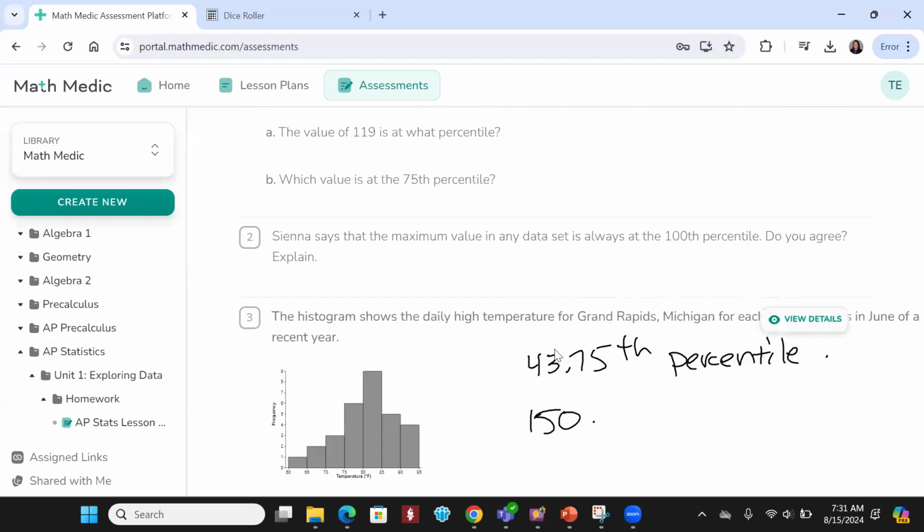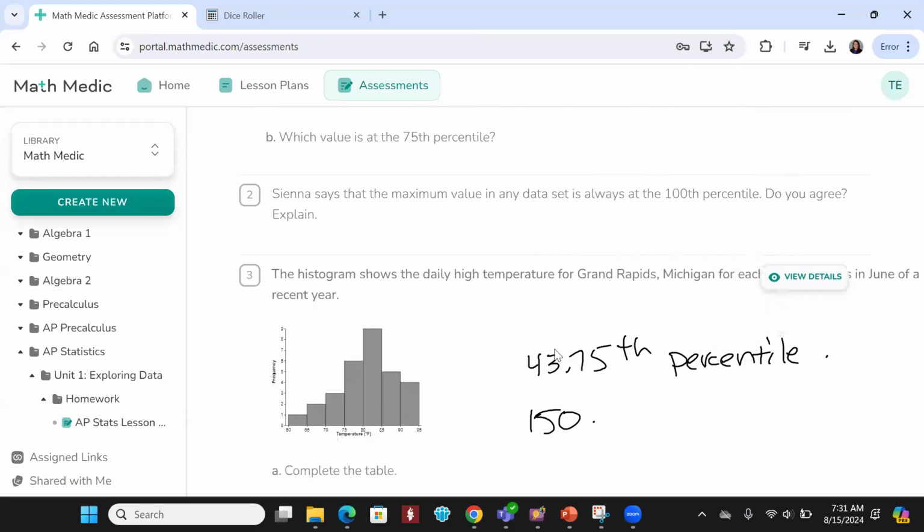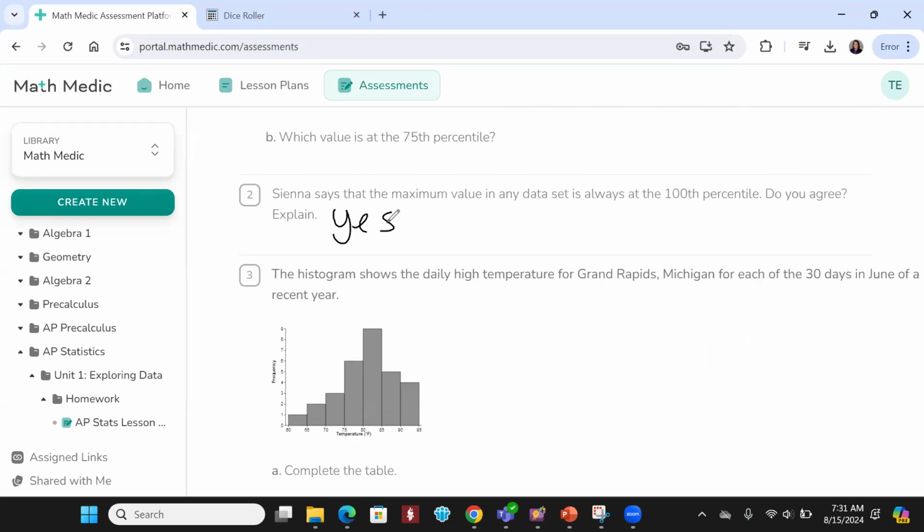Sienna says the maximum value in any data set is always the 100th percentile. Do you agree? Yes, why? It's equal to and below that number in the data set. Okay, so everything is less than or equal to that value.